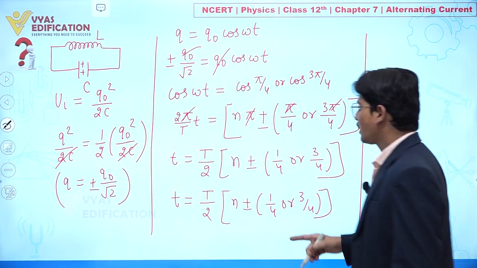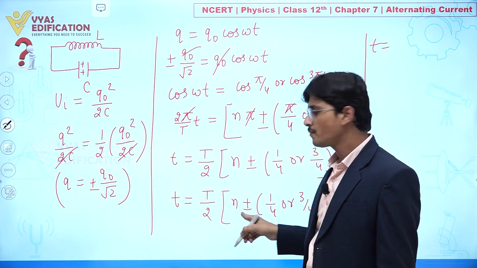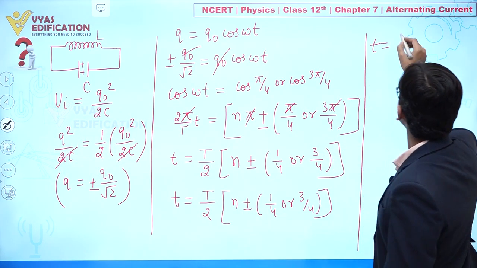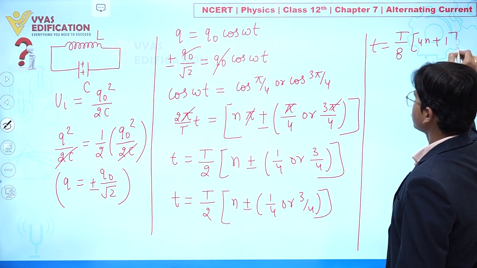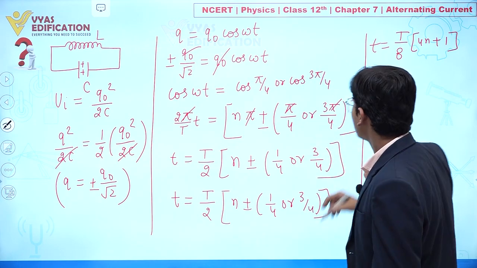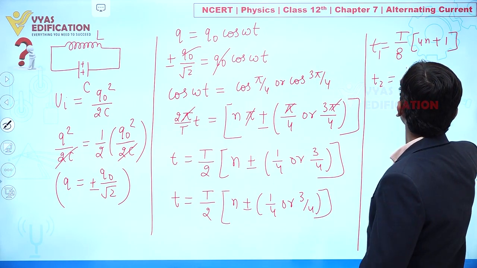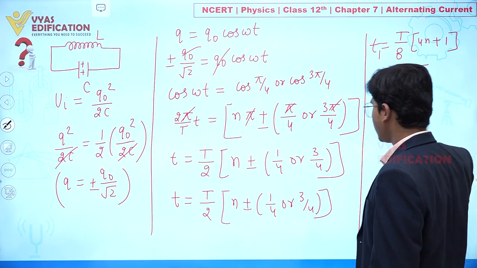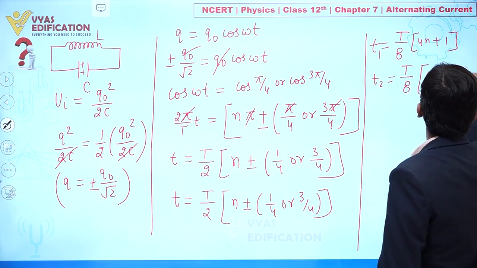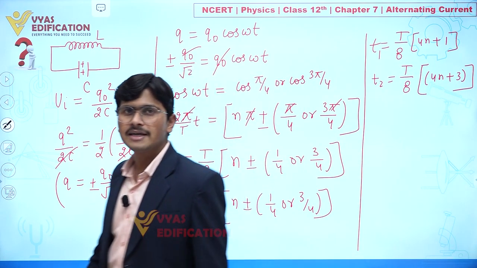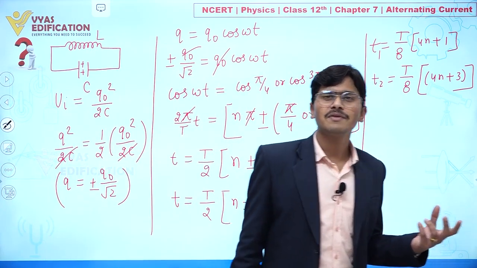Taking LCM 4, t1 is T by 8 times 4n plus 1, and t2 is T by 8 times 4n plus 3. So like this we can find two different times.